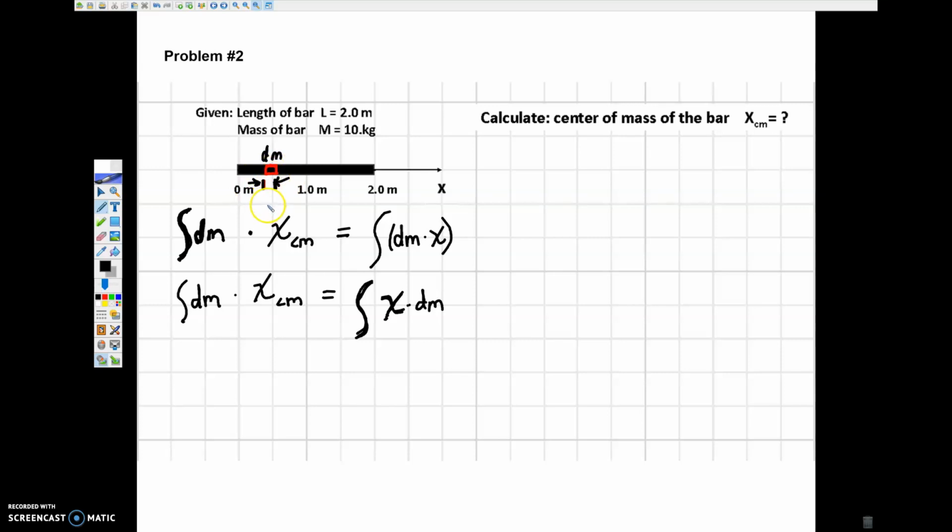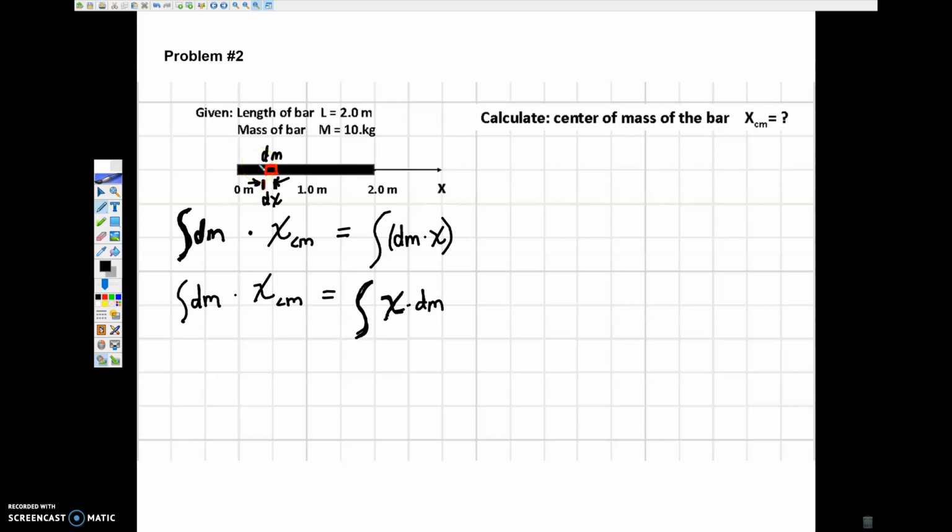And you can call that dl, but ultimately we're going to call that dx. And that's infinitely small, so each dm corresponds with a change in length, a little dx.